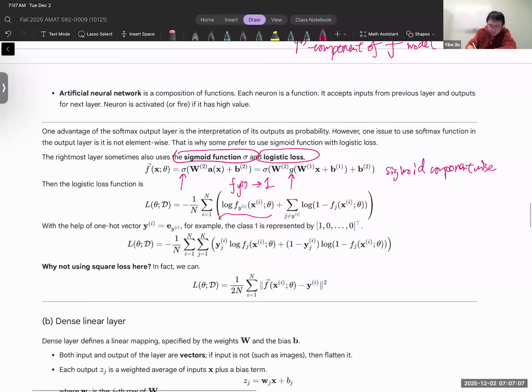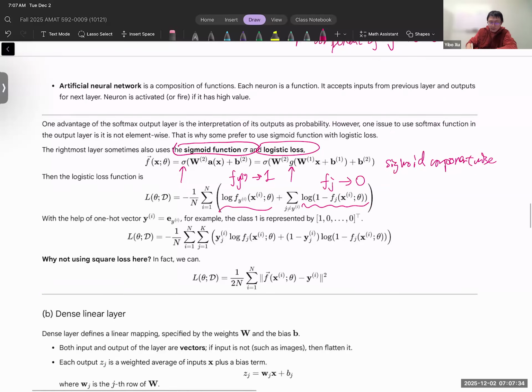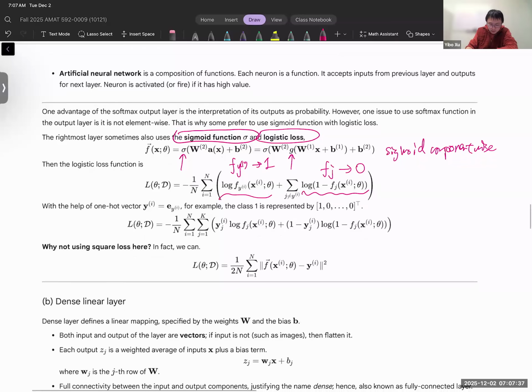Here this is doing a different thing. For those components that are not yi, in the one hot vector they are zeros, so I also want my fj to be close to zero. Eventually log of one minus fj is going to be close to log one, which is zero. So still everything is not negative, of course the whole thing is not negative, and you want to get it as close to zero as possible.